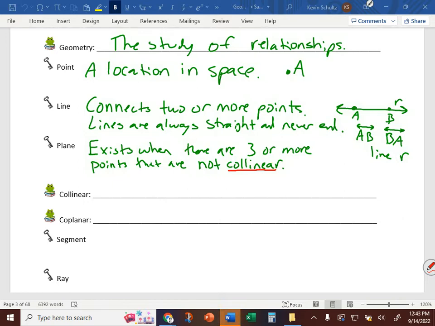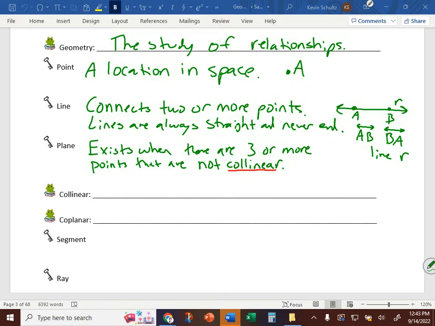What do you say? You haven't. Have some faith. Like I said, there's a lot of new terms here. I wasn't lying. I wasn't just saying that to say stuff. So before we draw the diagram here, a plane exists when there are 3 or more points that are not collinear.